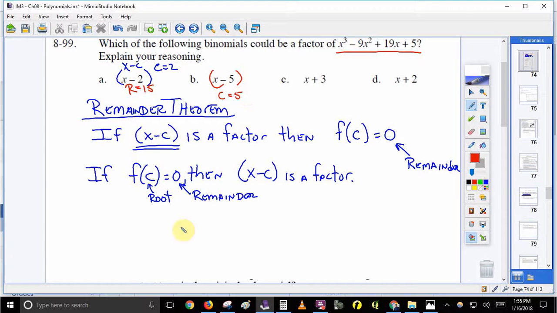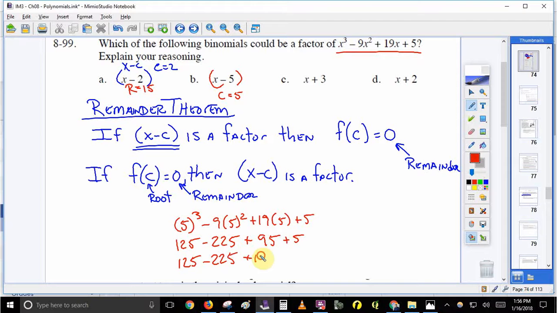So again, we're going to plug in 5 cubed minus 9 times 5 squared plus 19 times 5 plus 5. 5 cubed is 125 minus 9 times 25 would be 225 plus 19 times 5 would be 95 plus 5, so that's 125 minus 225 plus 100, or negative 100 plus 100 equals 0. So the remainder here would equal 0, and this is a factor.